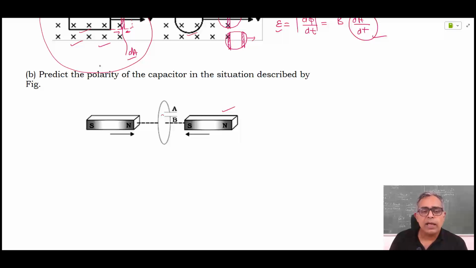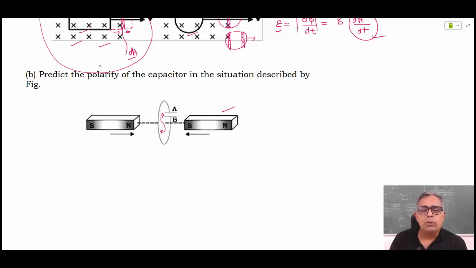You expect that the current should be induced in such a way that this induced current will create a field that will not let the magnet come closer, as per Lenz's law. We have to predict the polarity of the plates of the capacitor, whether A is negative or positive or B is positive or negative. You can pause the video and predict what should be the polarity of A and of B.